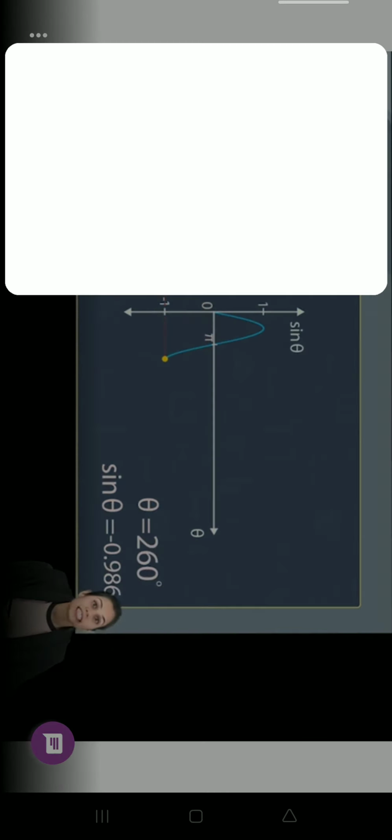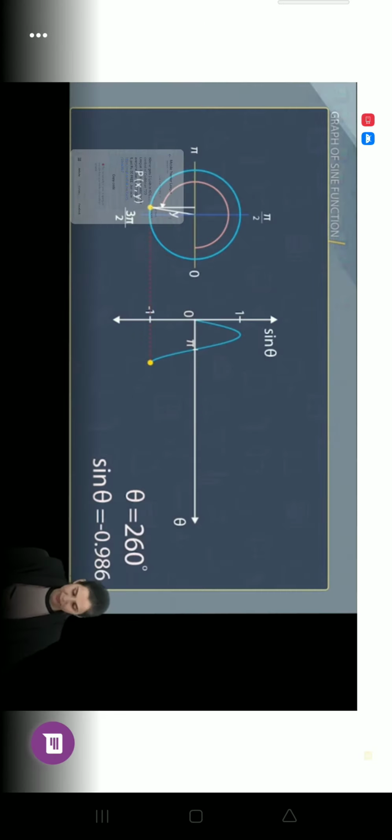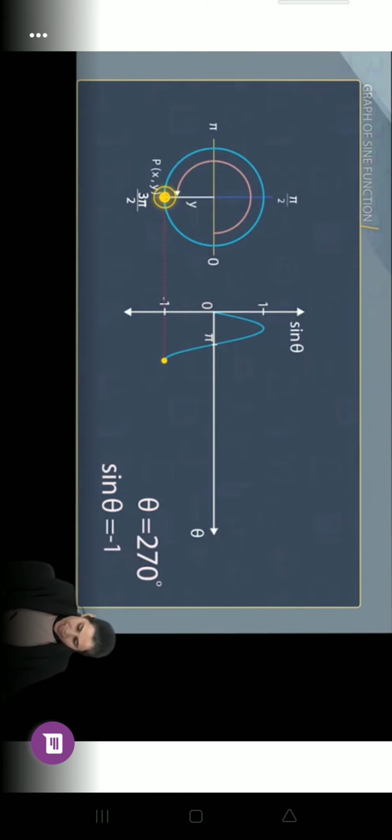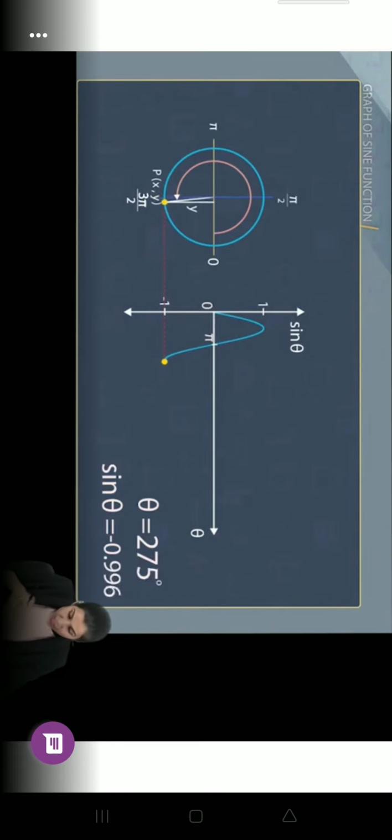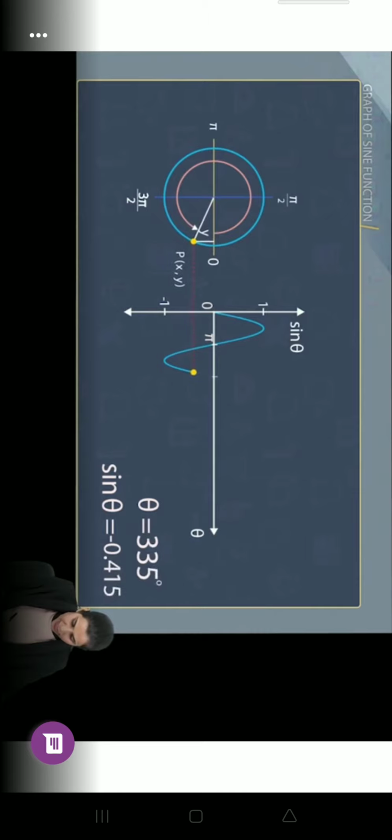Further, when theta increases from 3 pi by 2 in the fourth quadrant, what is happening? Just take a look at it. Did you observe what happened? When theta increases from 3 pi by 2 in the fourth quadrant, the y coordinate of P is still negative but starts increasing. That means sine theta remains negative but is increasing.